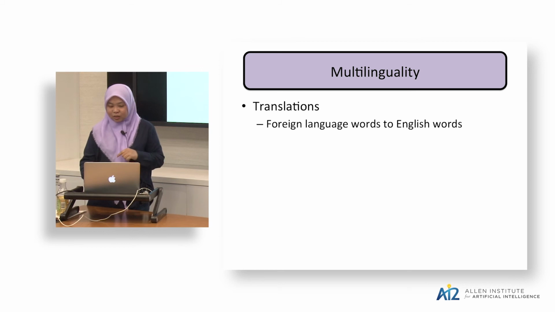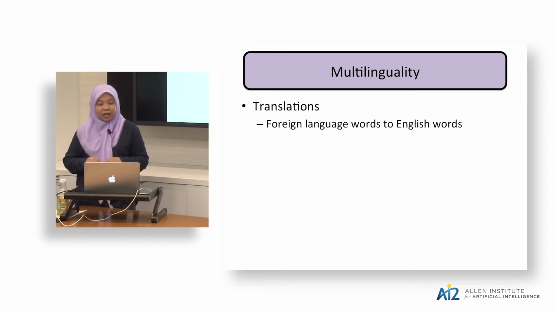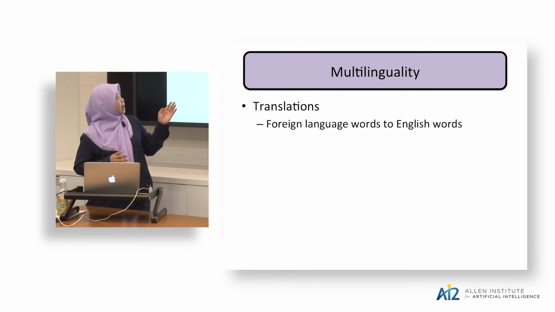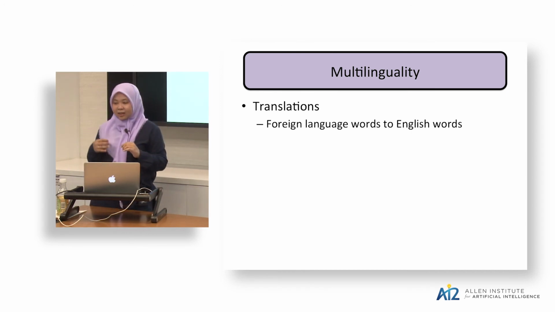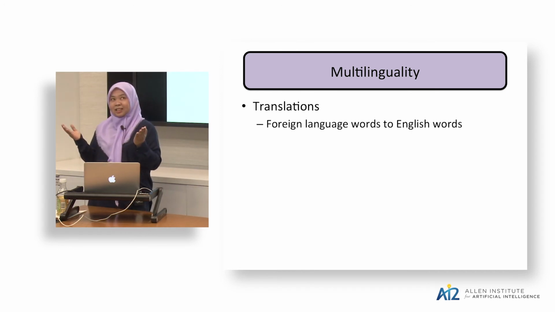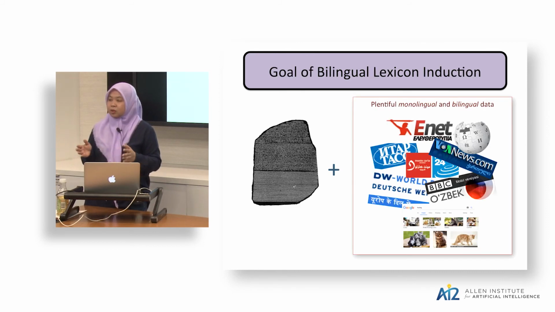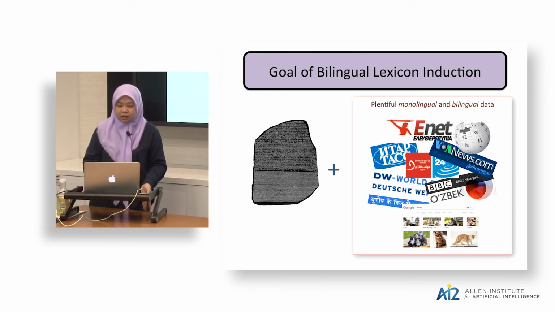And this brings me to my current work at the University of Pennsylvania with Chris to try and learn bilingual translations for different languages, especially for low-resource languages where we don't have much parallel text.